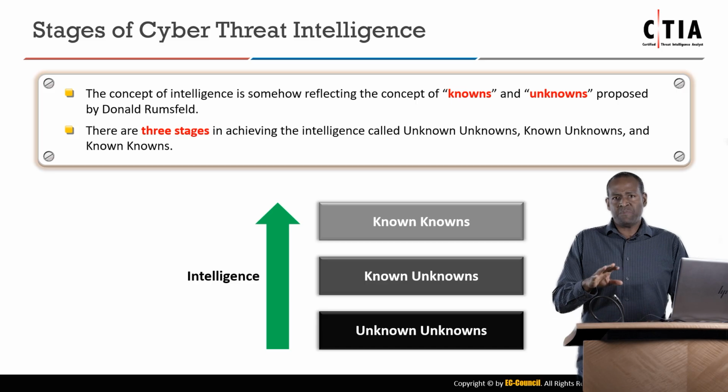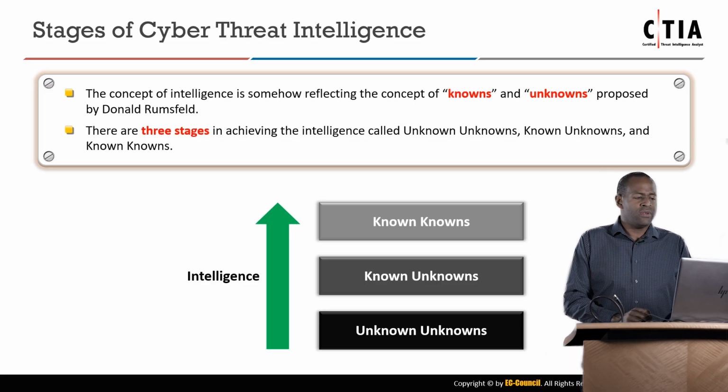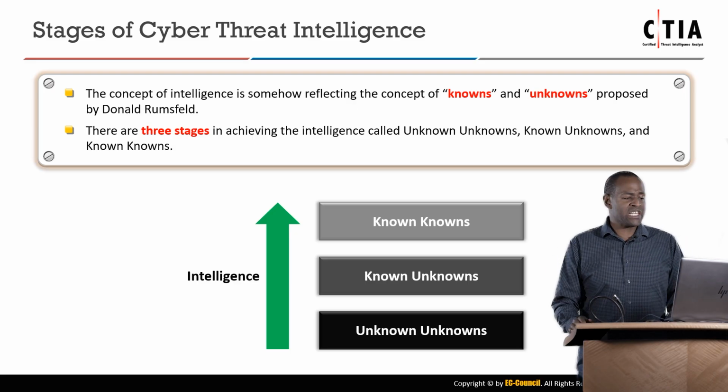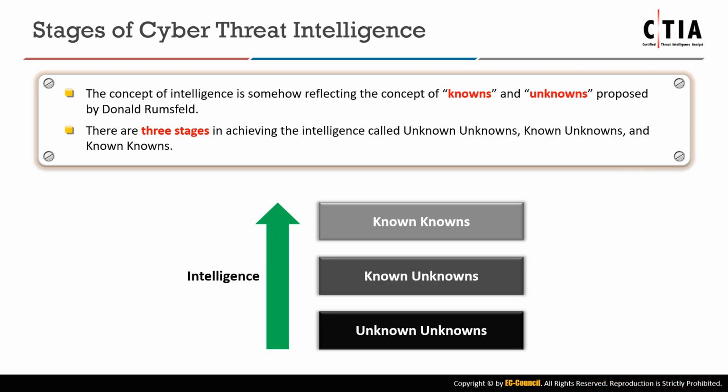In fact, we spend a lot of time casting about, attempting to turn what is unknown into something that is known. Once it's known, we can turn that known data into intelligence that is, in the end, actionable. There are three stages in achieving the intelligence called unknown unknowns, known unknowns, and known knowns.